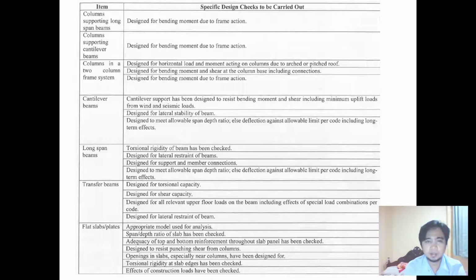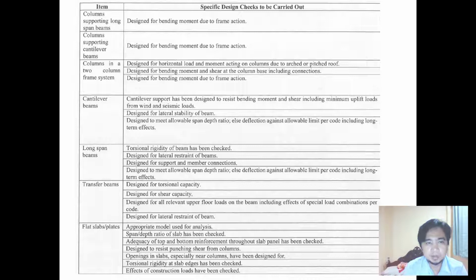Okay. So columns in a 2-column frame system. So it must be designed for horizontal load and moment acting on columns due to arc or pitch roof. Designed for bending moment and shear at the column base, including connections. Designed for bending moment due to frame actions.